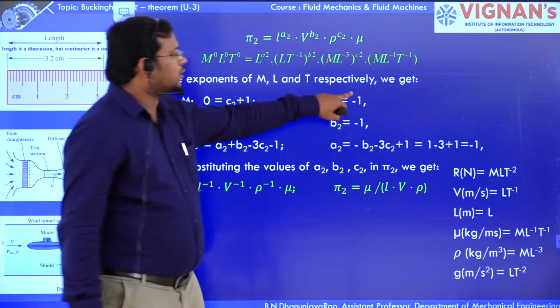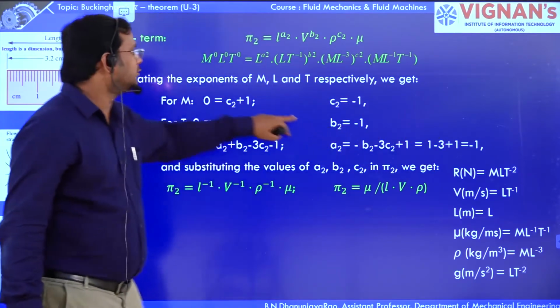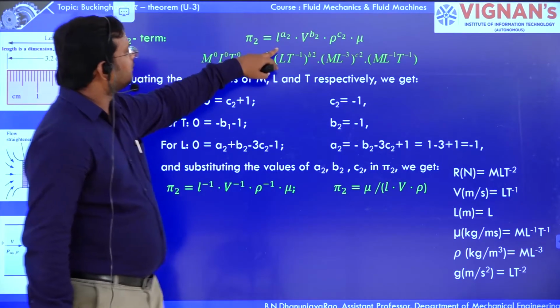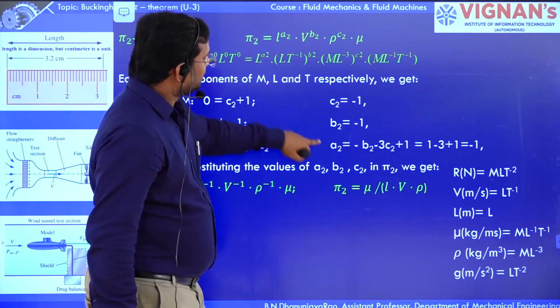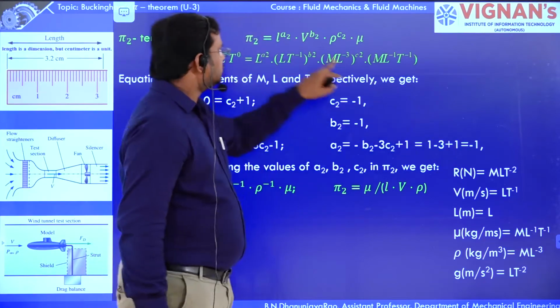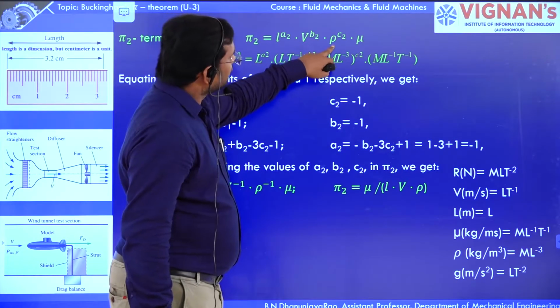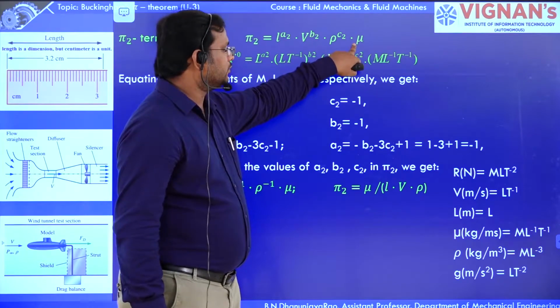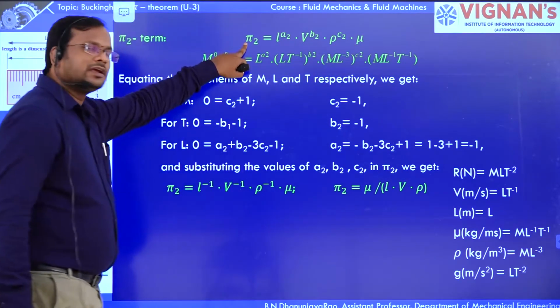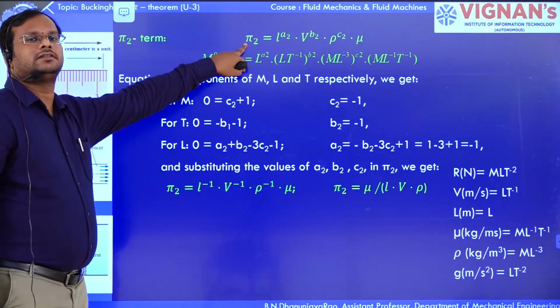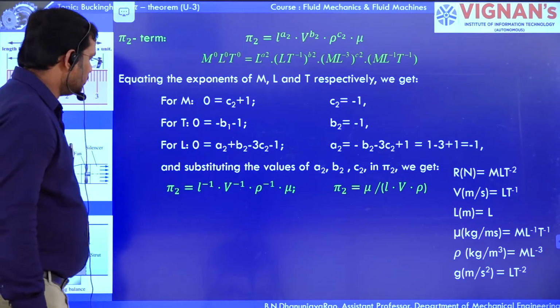We need to substitute all these arbitrary power values into this equation, so that we get L power minus 1, V power minus 1, rho power minus 1 into mu. So we come to know the expression for pi 2.